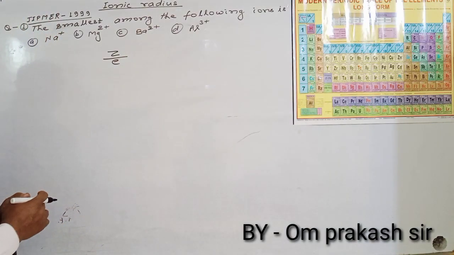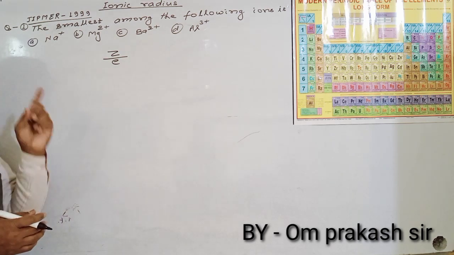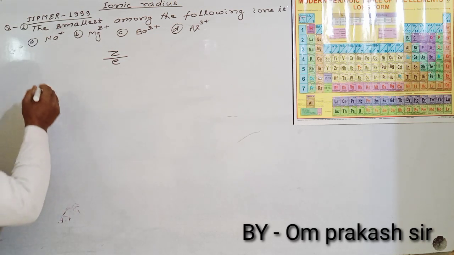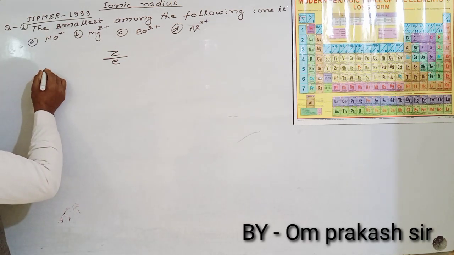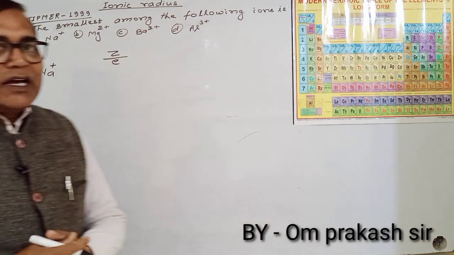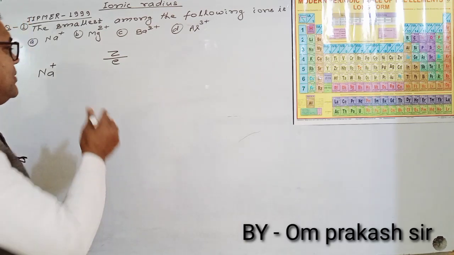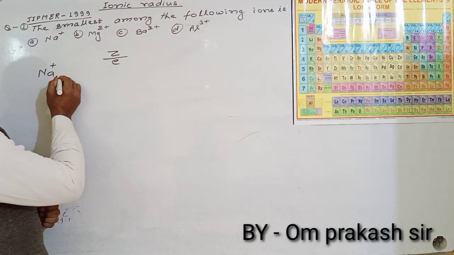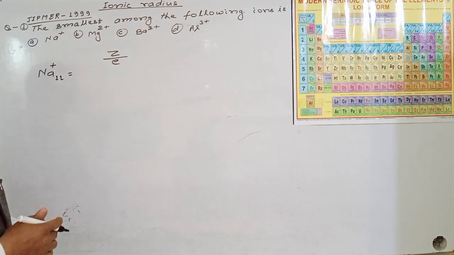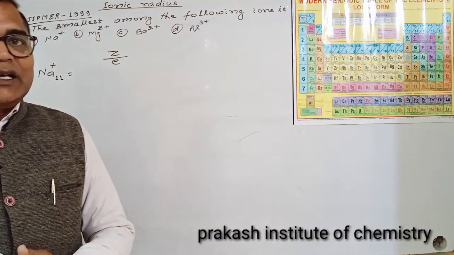So first of all we calculate the value of Z by E of sodium ion. Here we write sodium ion. We know that atomic number of sodium is 11. 11 is the value of Z, which indicates effective nuclear charge.